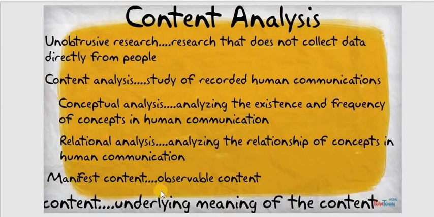So manifest is directly observable, but latent content is not directly observable. We have to analyze the words and dig out the main approach after analysis. So it is latent content.